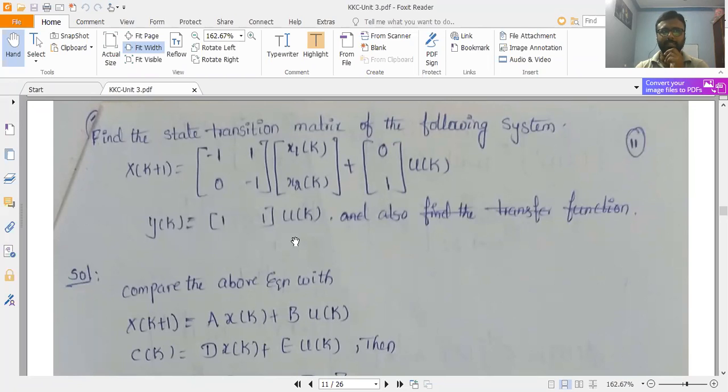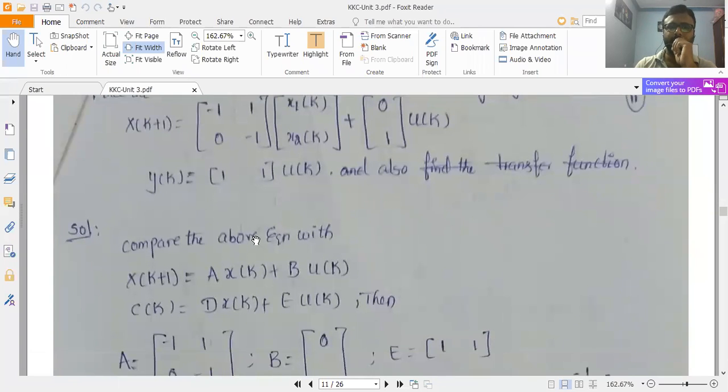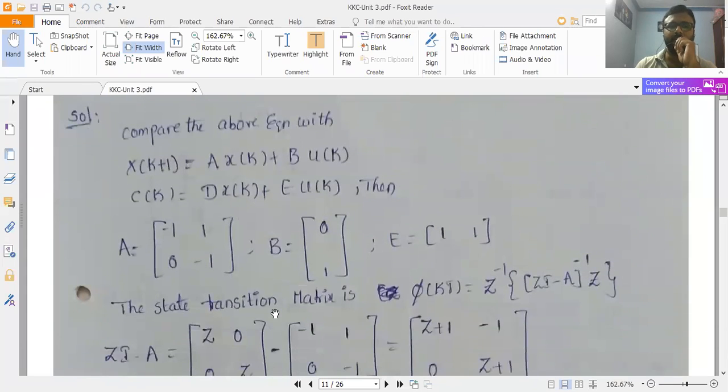That means the matrix D is 0, and E is the 1 by 2 matrix, that is [1 1]. So comparing the problem statement with these equations, we obtain the matrices A, B and E.